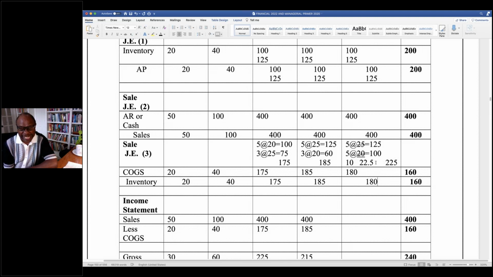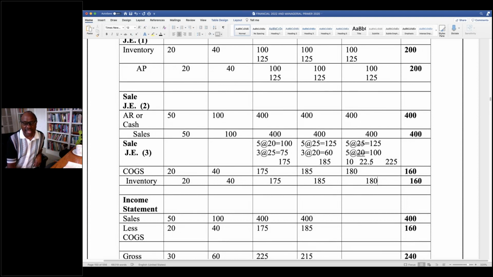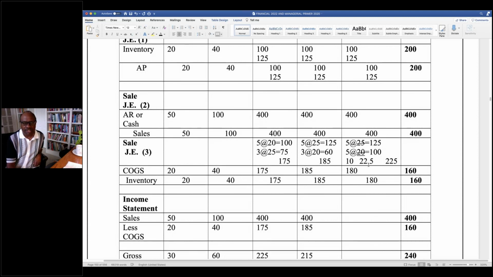Then we divide 10 into 225, and we get 22.5 as the average cost of all 10. 5 was 25, 5 was 20. So we divide 10 into that, and we get 22.5. So we get a weighted average cost. And so we're going to cost that inventory at 22.5. So when we sell them, we multiply 8 times 22.5, and we get 180.